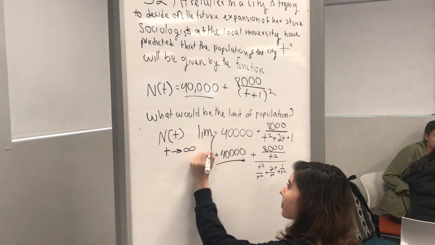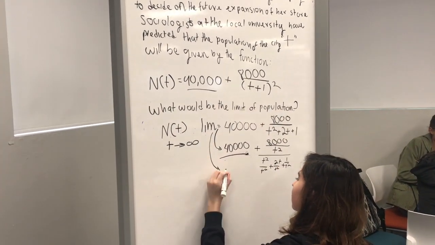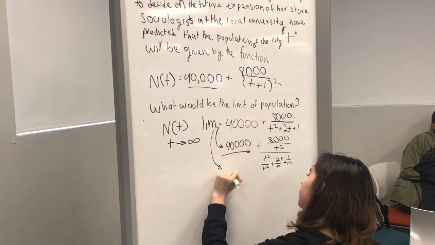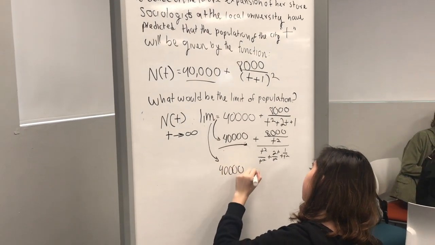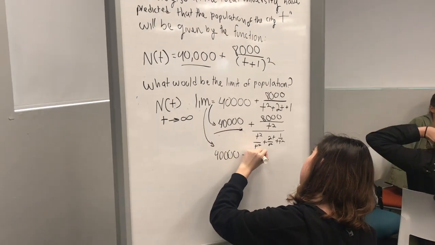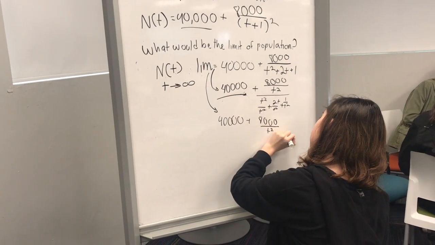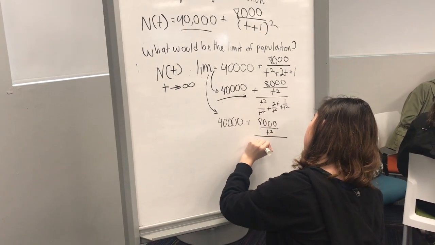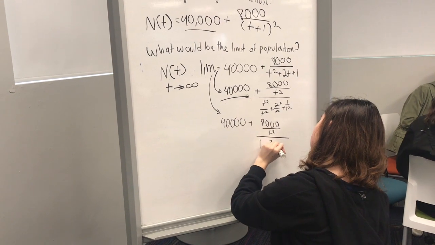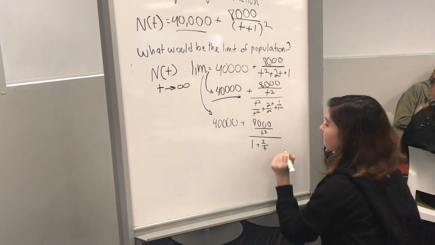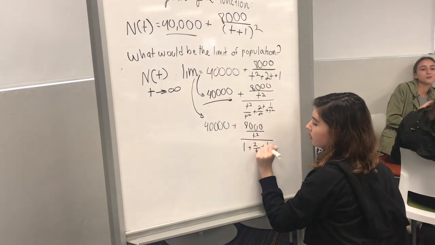Now we're gonna rewrite the formula in the bottom, in which the 40,000 will still remain the same, but now we're gonna cancel out certain values. So we got that 8,000 still the same under t squared, but now instead of t squared over t squared, we're gonna have 1, and that 2t over t squared is gonna become a 2 over t.